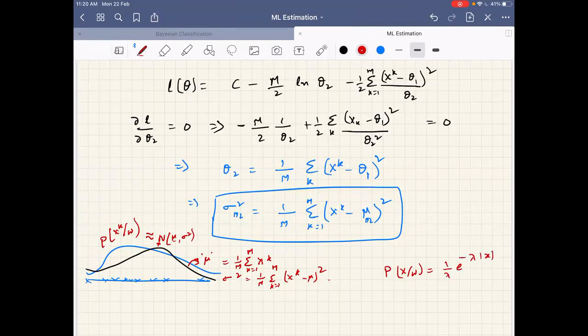So exponential density, and try to find out what is the best parameter for lambda, given a set of samples xk. What does the ML estimation give as the best parameter lambda in terms of the samples, calculated from the samples? So this is one example you do.